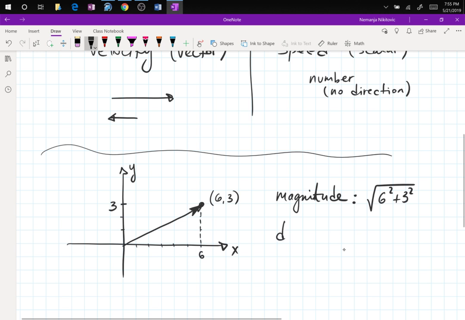And I can calculate the direction, which is given by the angle theta as the inverse tangent of 3 over 6, which is 1/2.